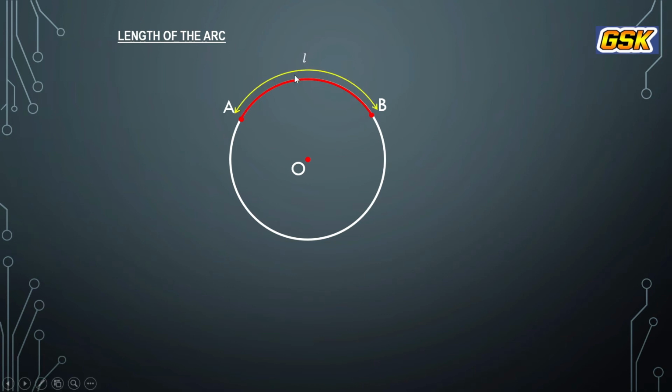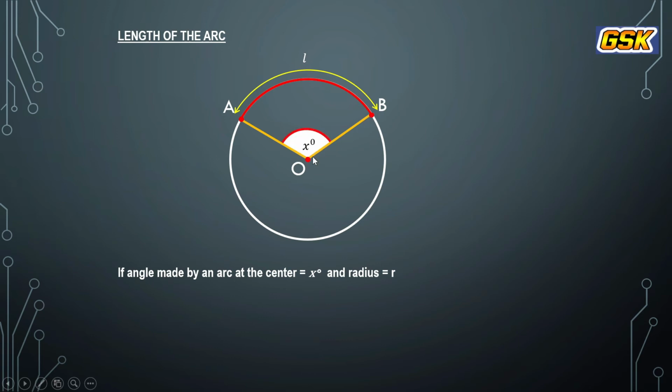Let us take the length of this arc as L. If the angle made by the arc at the center is x degrees and radius r, that is, these two radii make an angle x degrees and the length of this OB, that is radius of the circle, is r, then the length of the arc is equal to x degrees by 360 into 2 pi r.